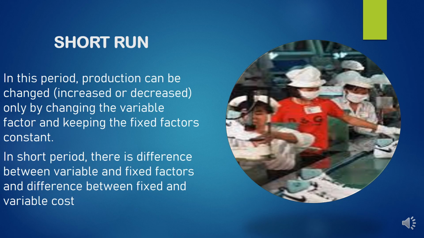One is labor, the other is raw materials. And the fixed factors: land, which here means the building, and also the organization, you are not changing; we call those the fixed factors. So in the short period, there is a difference between the variable factors and fixed factors, and hence there will be a difference between the fixed cost and the variable cost.